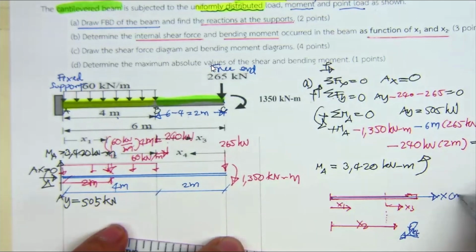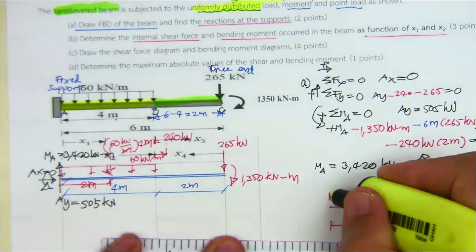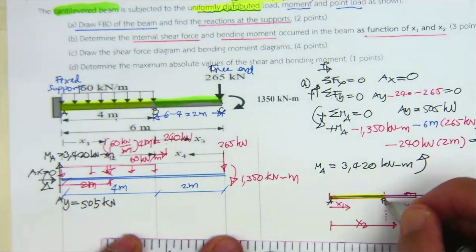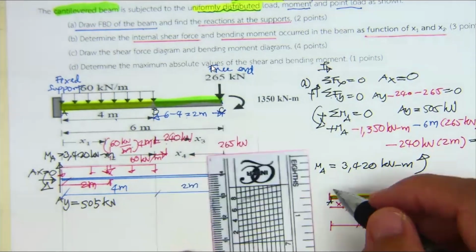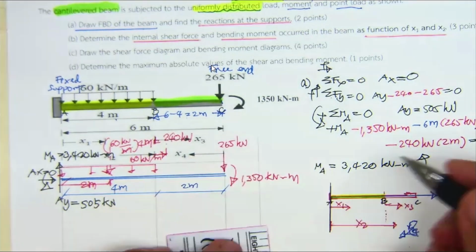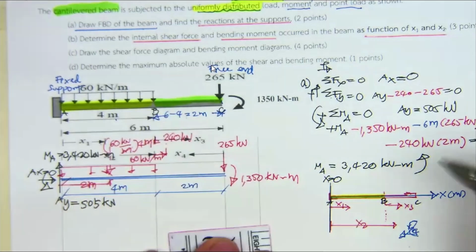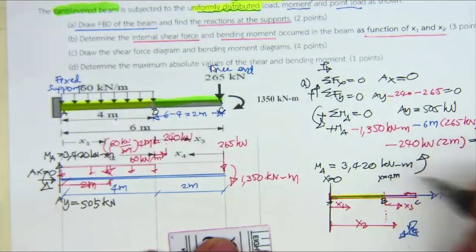For this one, you will see x starts from A to B. So x1 starts at this point when x equal to 0, and then it moves along this one up until this one, x equal to 4 meter.